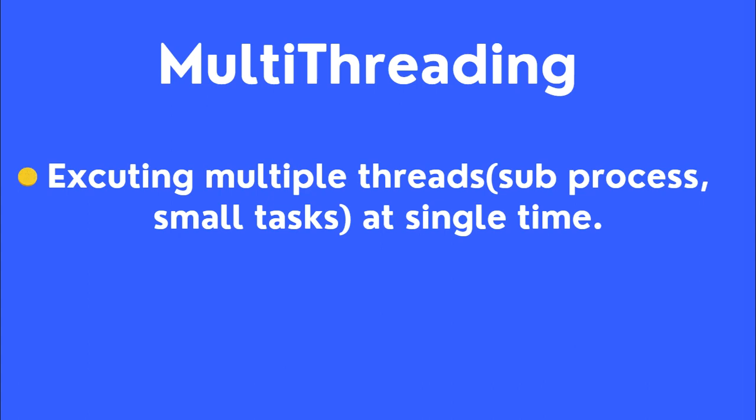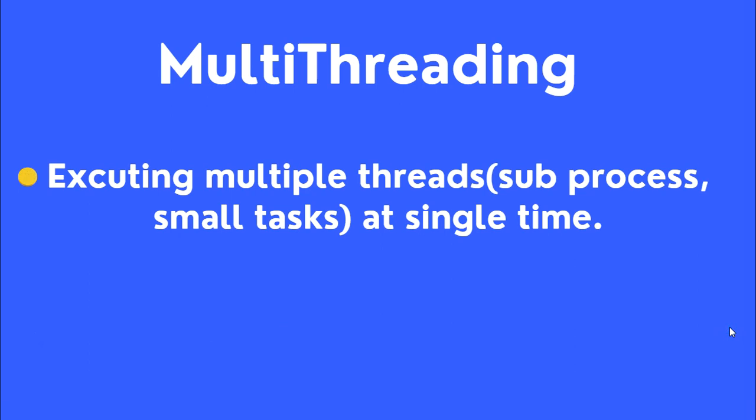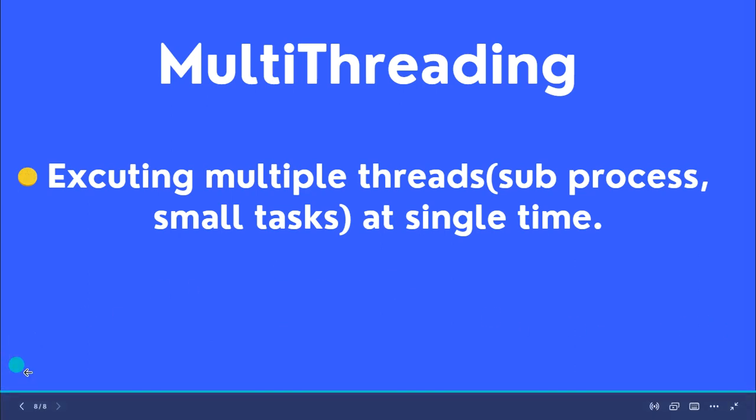It's very clear to you: if you are performing a single task, okay, but if you are executing multiple threads, for example using the VLC media player and playing a video, on one side your video progress increases, and on the other side your video length decreases, and the progress bar increases one by one.